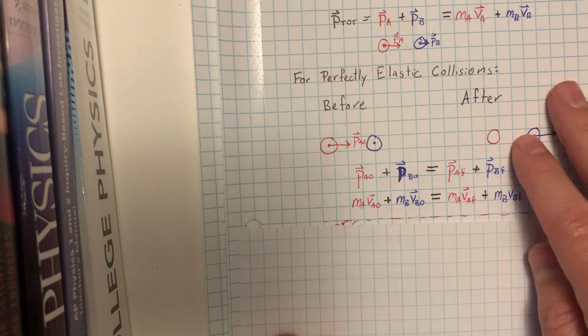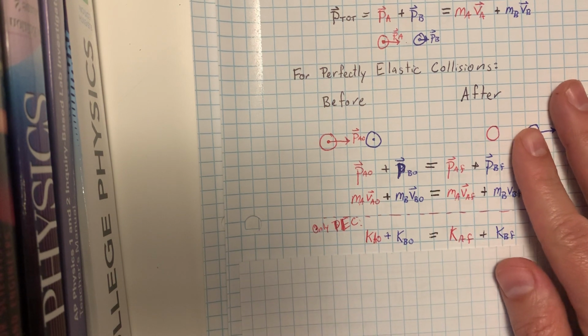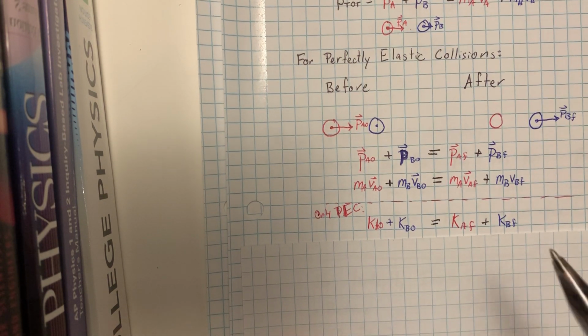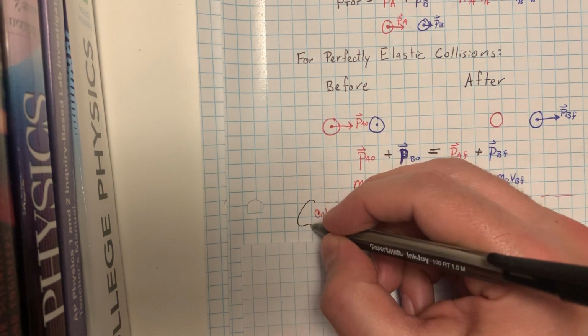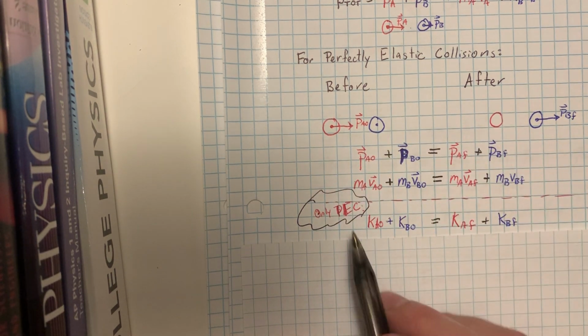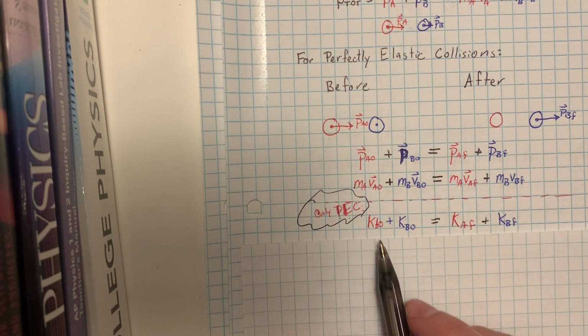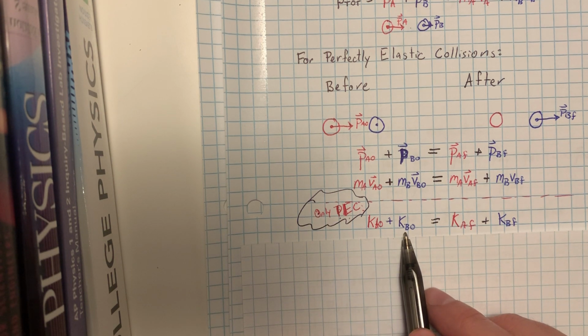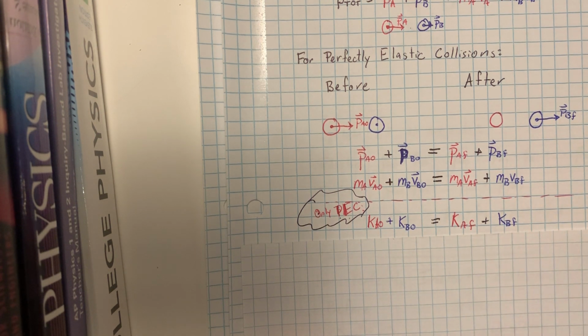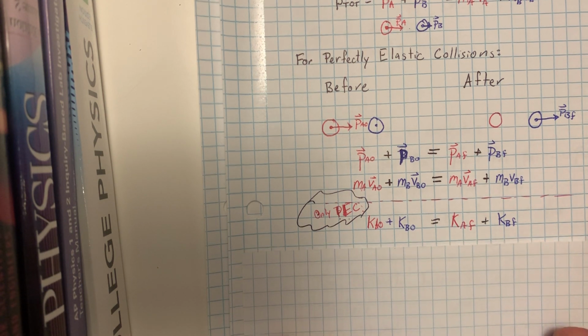Now, the total kinetic energy also has to be the same, but only if it's a perfectly elastic collision. So the initial kinetic energy of A plus the initial kinetic energy of B has to equal the two final kinetic energies added together.